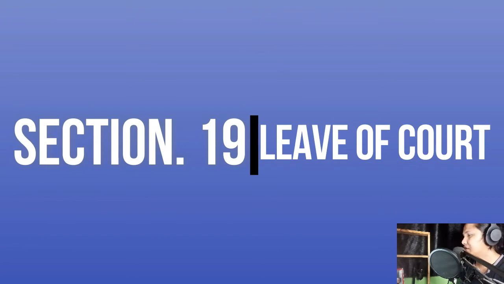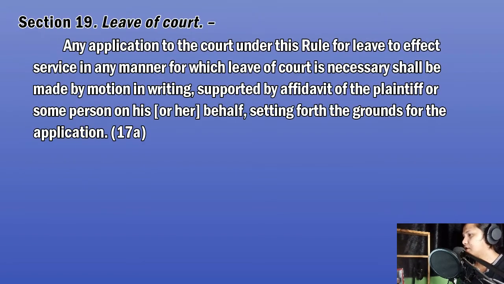Leave of court. Any application to the court under this rule for leave to effect service in any manner for which leave of court is necessary shall be made by motion in writing, supported by affidavit of the plaintiff or some person on his or her behalf, setting forth the grounds for the application.